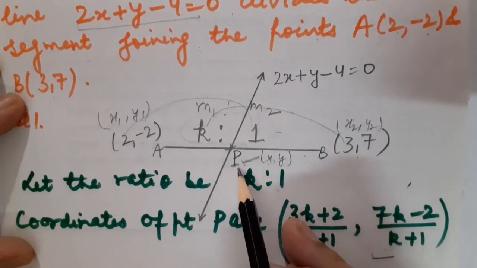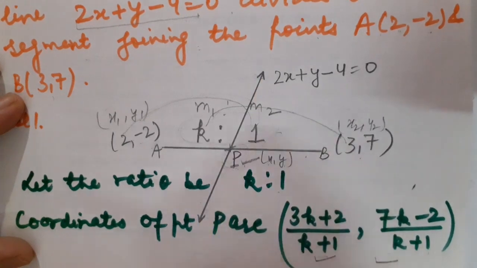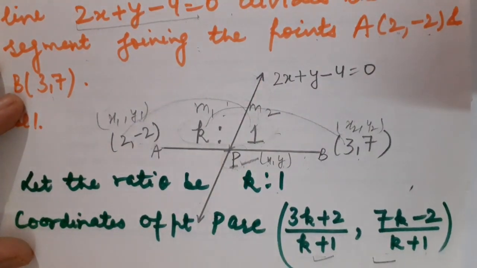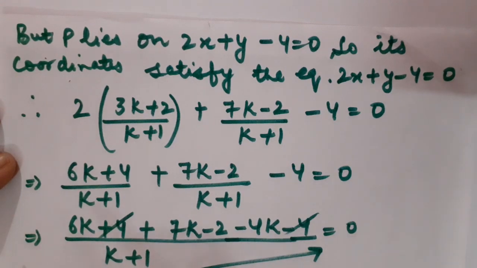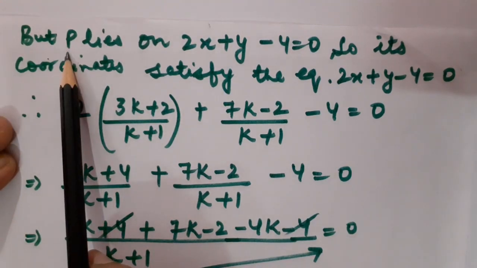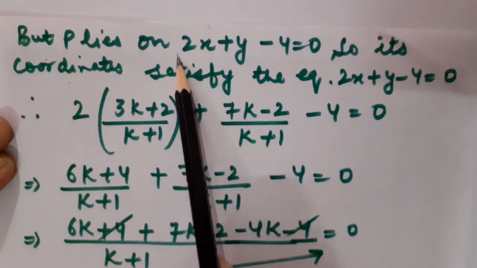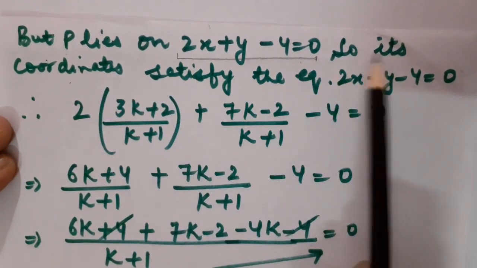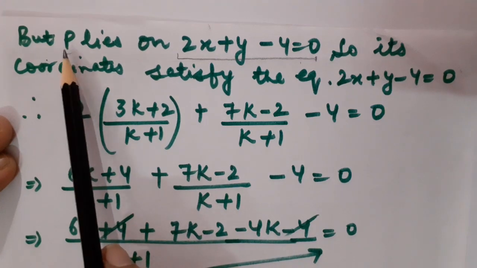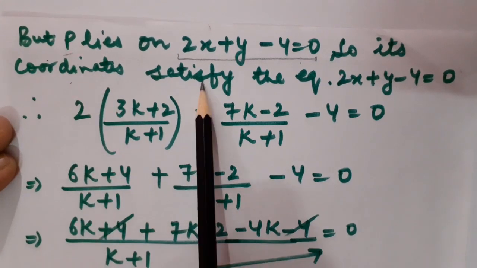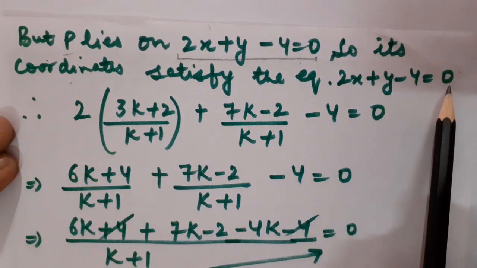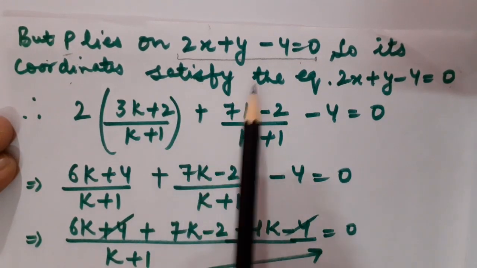That the coordinates of point P will definitely satisfy this line. Okay, understood this point? See, as I told you, that point P, which is the point of division, lies on this line, which is basically going to divide the line segment. So definitely its coordinates, the coordinates of P, must satisfy the equation 2x plus y minus 4 is equal to 0. So what does it mean?